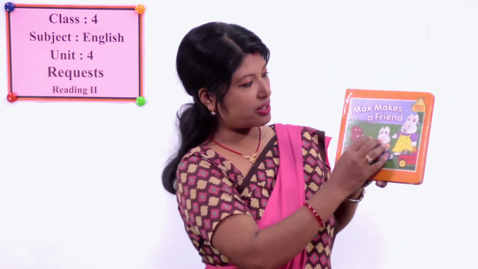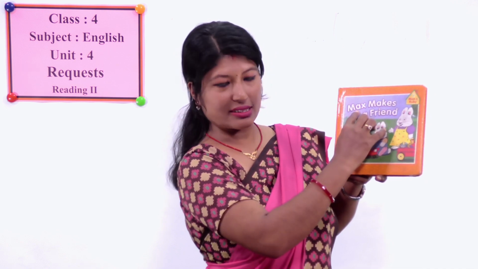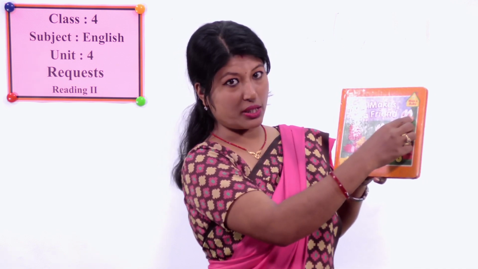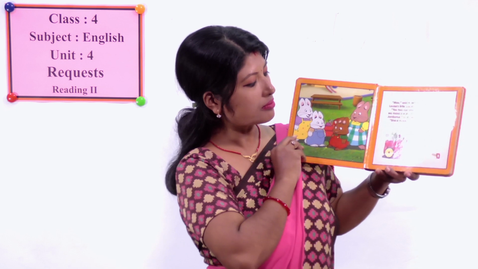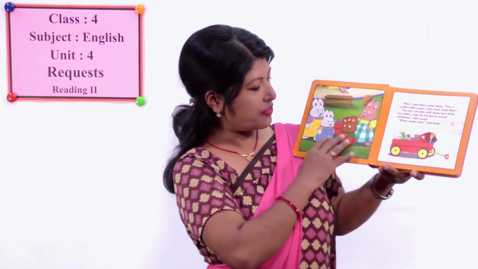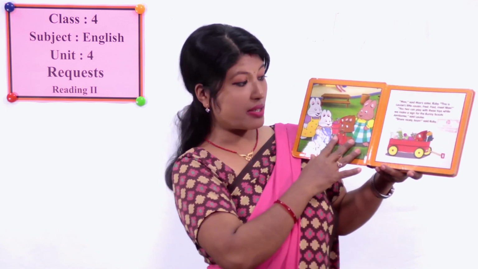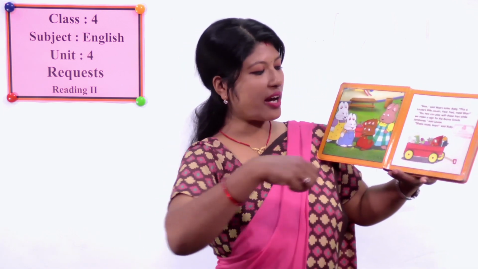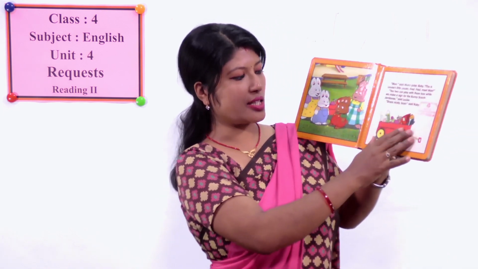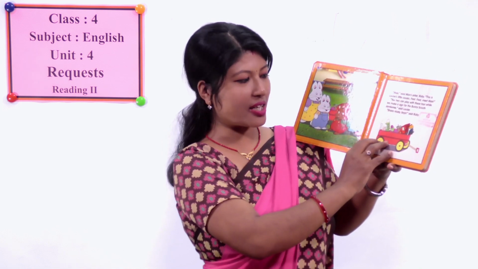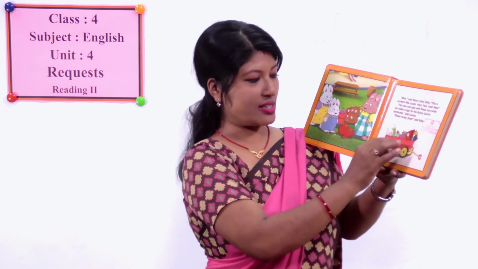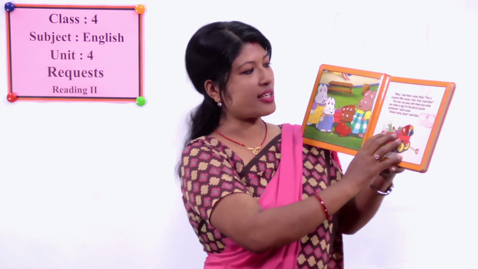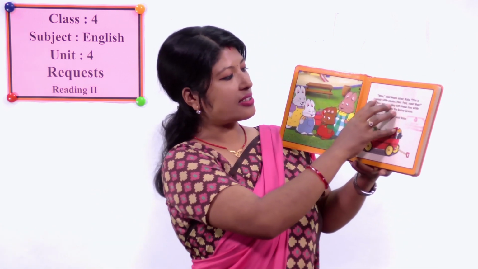What names did we see? Max, Ruby, right? So we can see over here four rabbits and a trolley where we can see many playing toys, right? Many toys. And let's go through this.